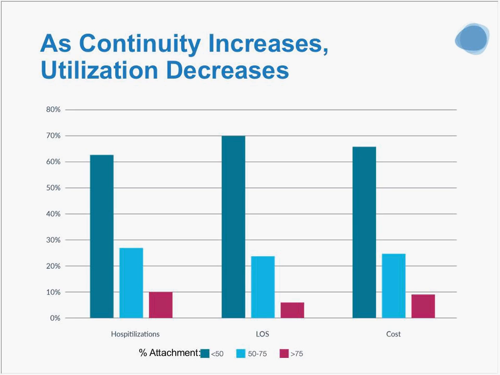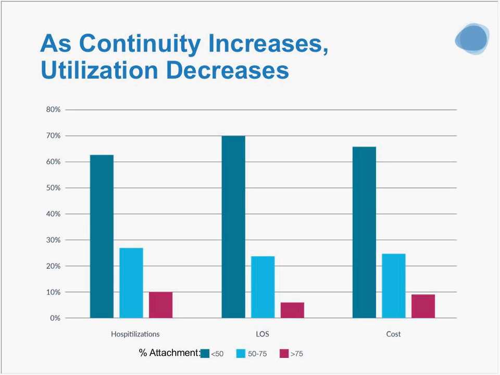What that means is for the primary care visits that a patient had in the pink bar, over three-quarters of their visits are to their primary care provider or team. Conversely, less than half of the visits are to the primary care provider or team in the teal bar.